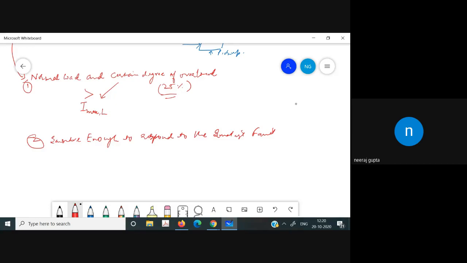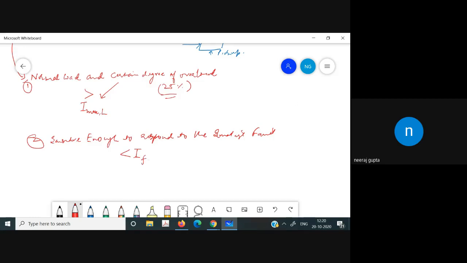So it must be sensitive enough to respond to the smallest fault. It means that the setting of the relay should be less than the minimum fault current.